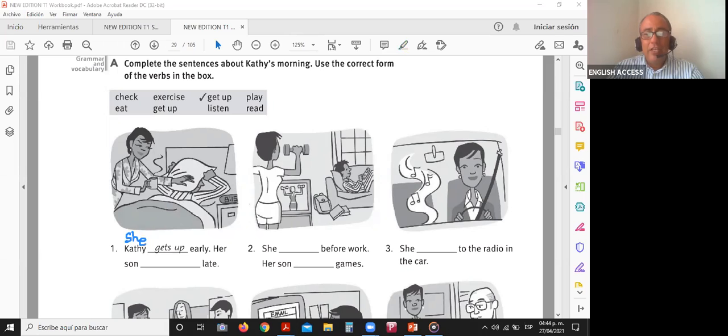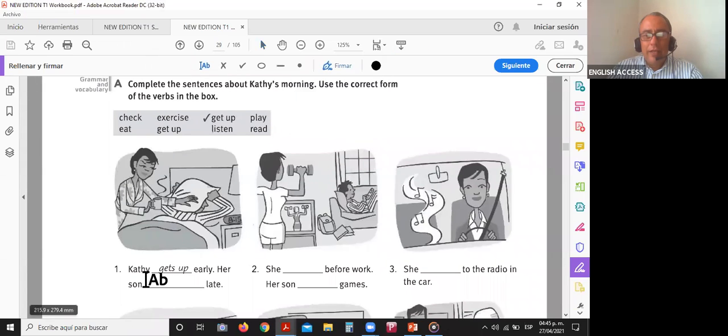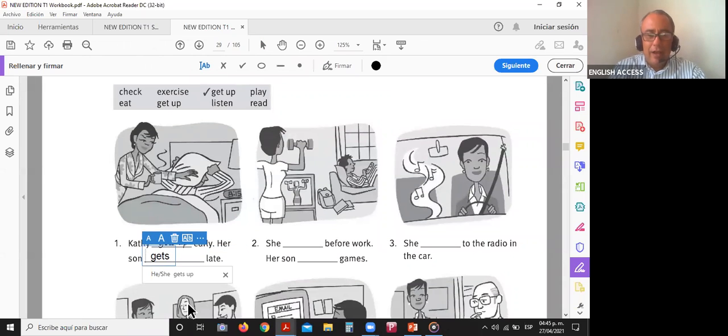In this case, she gets up because Kathy is a woman, a girl. Kathy gets up early. Her son, what is the answer for her son? Remember, get up: gets up late. Exactly. The same verb, gets up late.